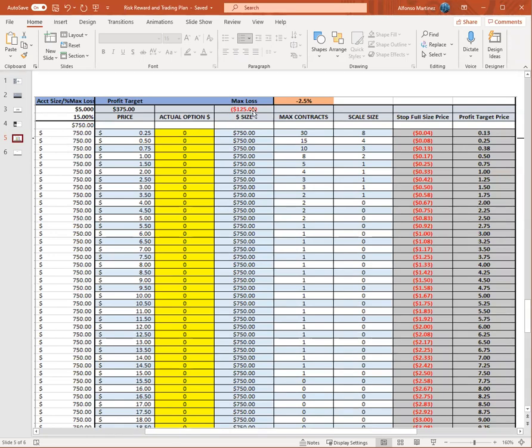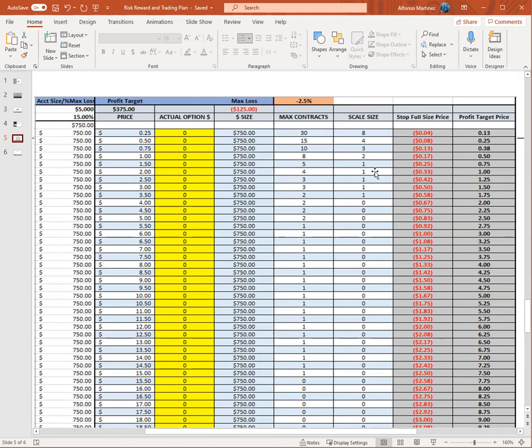Looking for a risk of 125 and a reward of 375, right? 3-to-1. This 125 is equivalent to 2.5% of your 5,000. The 750 is 15%, as I said, of the total account.